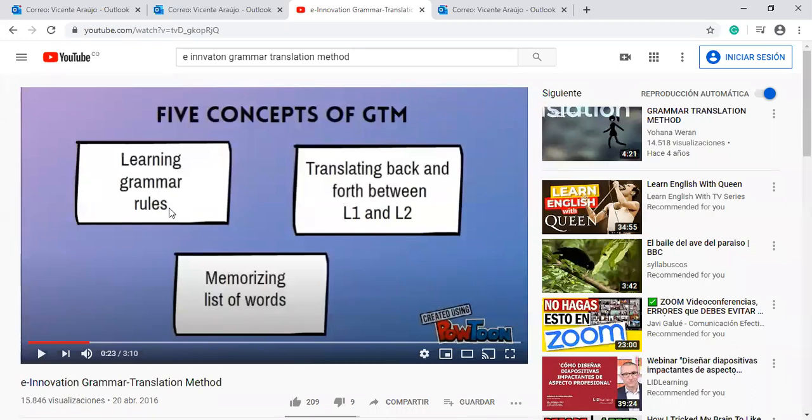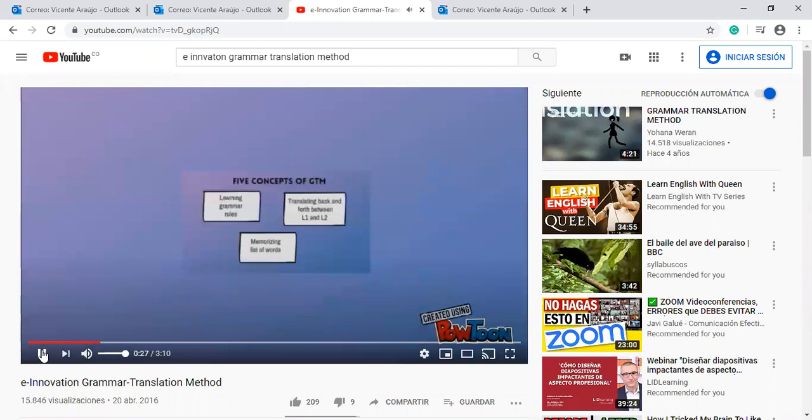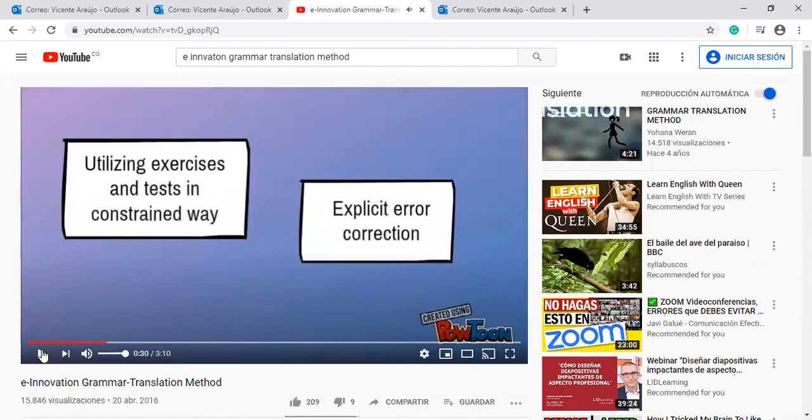Five concepts: learning rules, translation, memorizing words, and utilizing exercises and tests in a constrained way. Constrained means limited. And explicit error correction. So error was very important in this method. You mustn't make mistakes or errors.